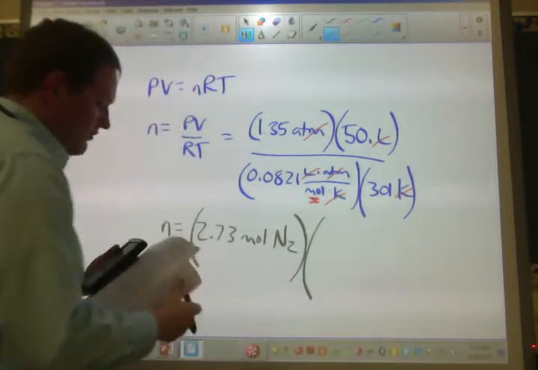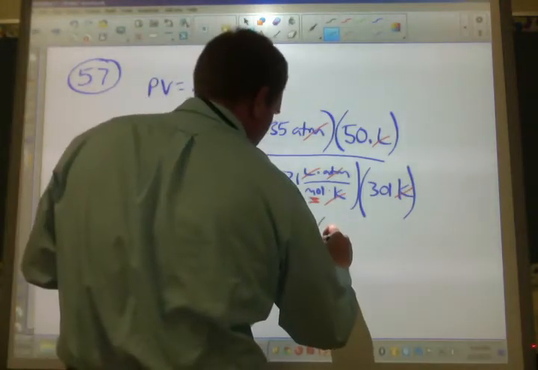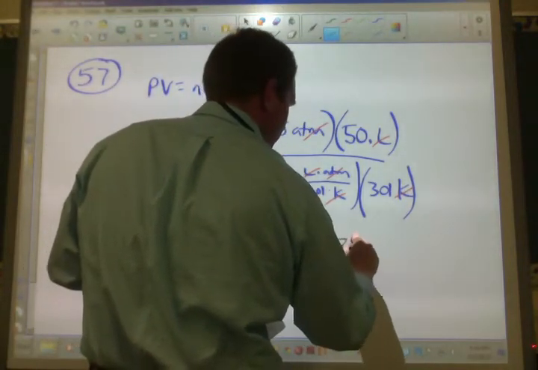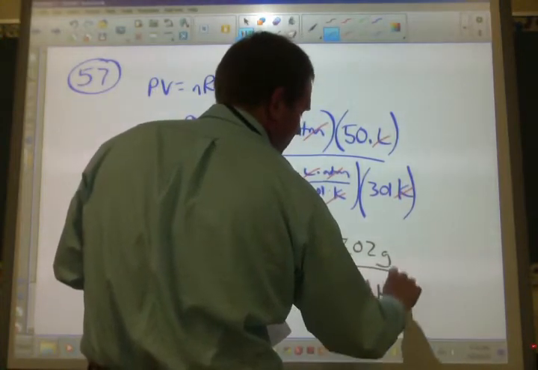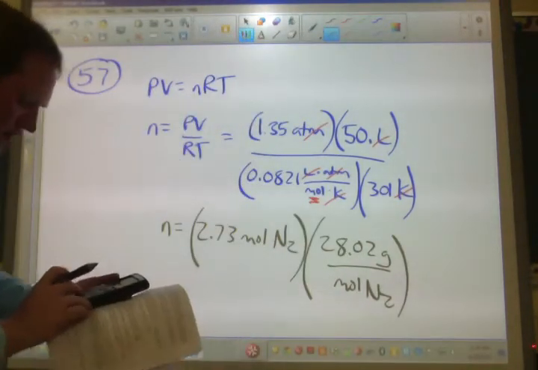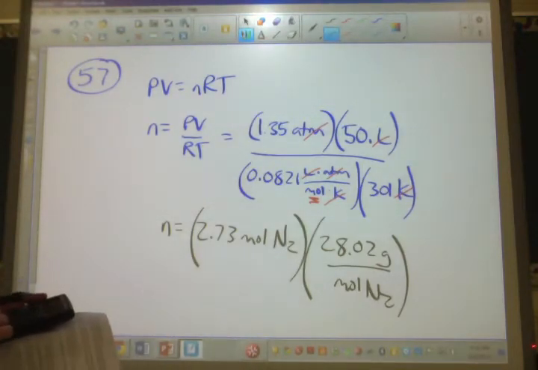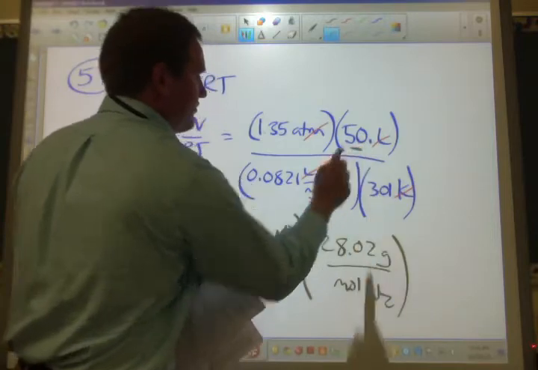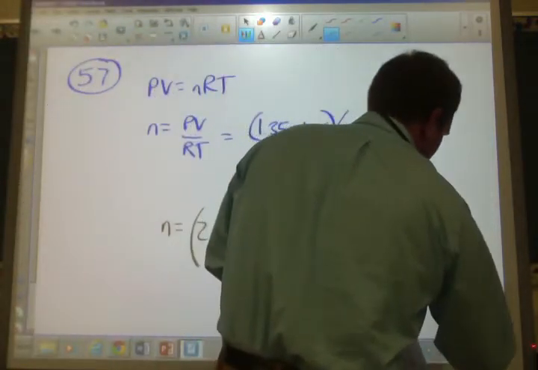But we're looking for grams, so N2 is going to be 28.02 grams per mole of N2. Carefully, you don't just do N here. With 2 sig figs, because I see 2 sig figs, I get 77 grams.